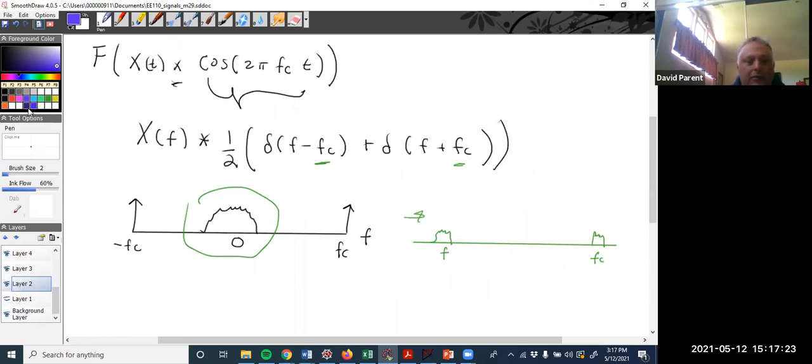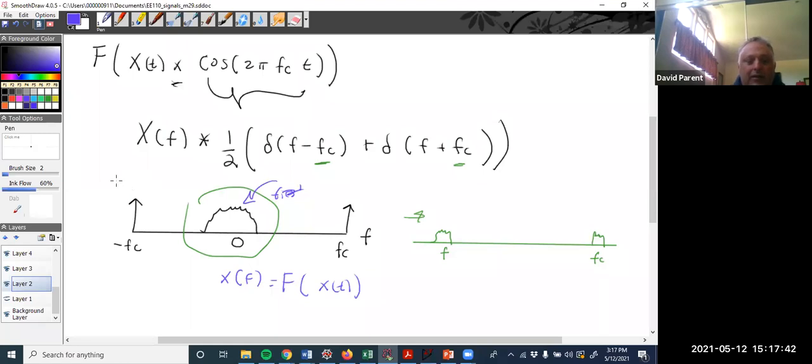So that is really X(f), which is the transform of x(t).